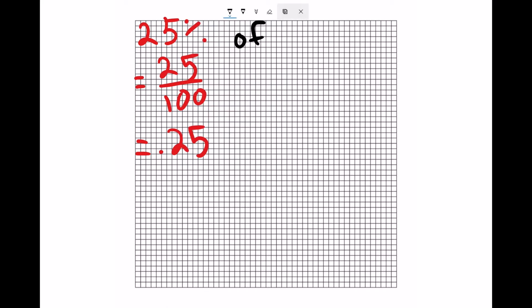In the previous section, we discussed that to find the percent of a number, for example, 25% of 300, all you had to do was take your percent either as a fraction, which you have here, or as a decimal, as you have here, and multiply it times whatever number it is you are finding the percent of. In this case, 300.